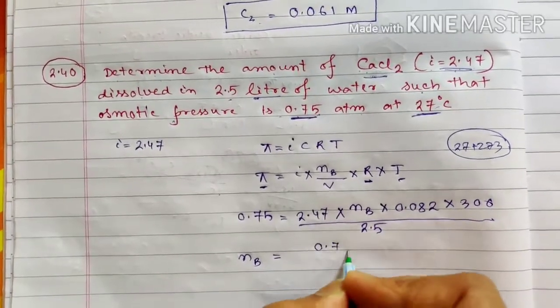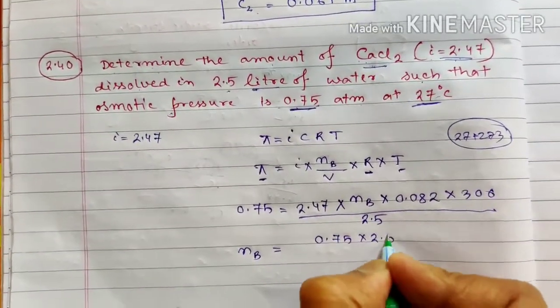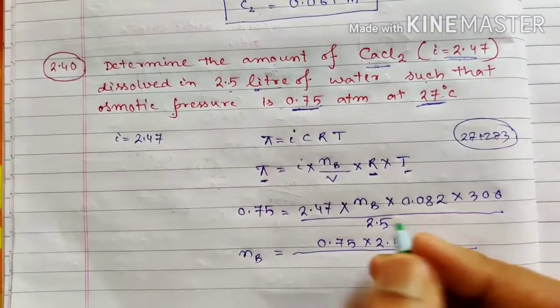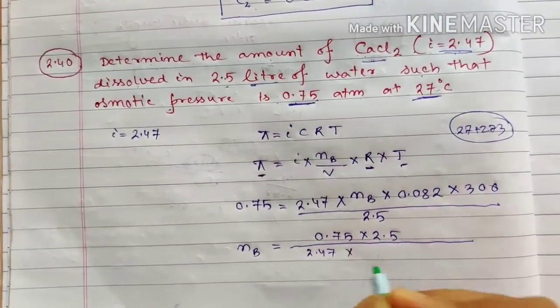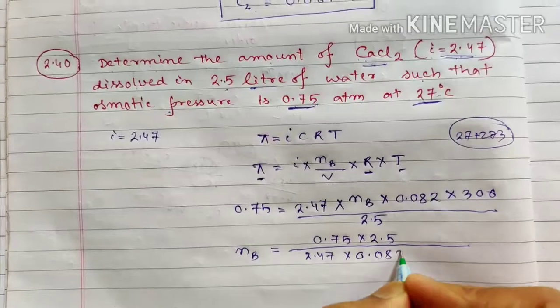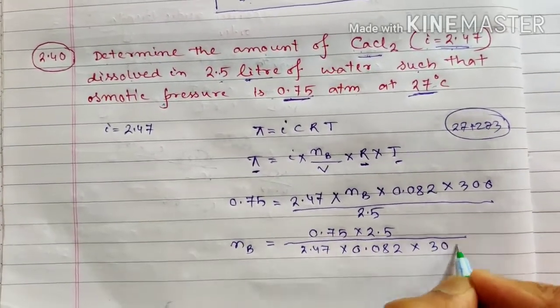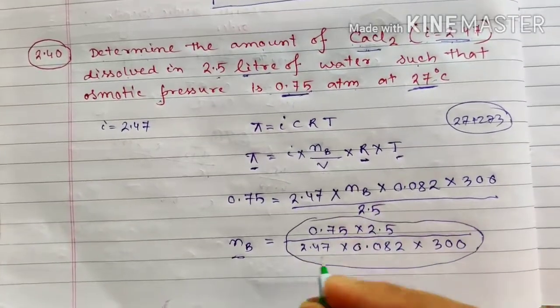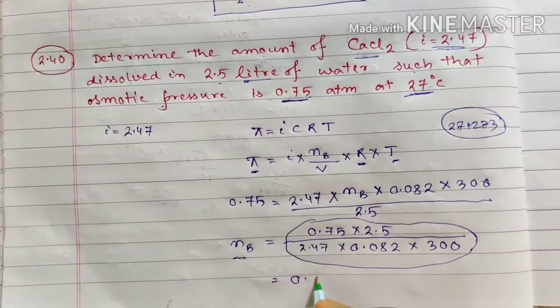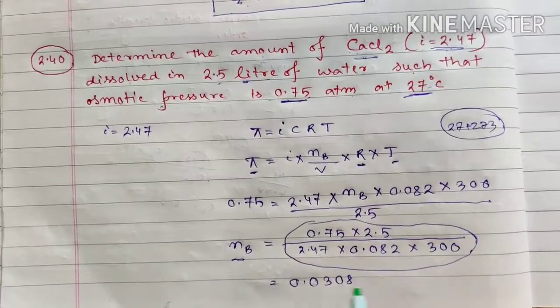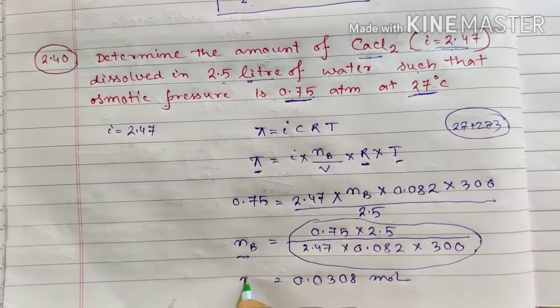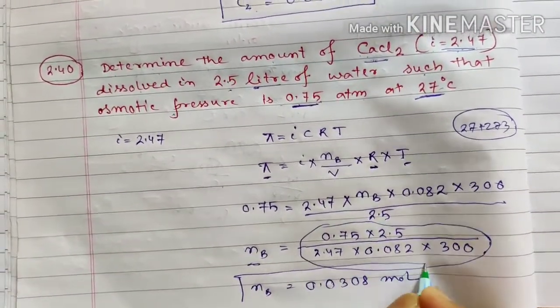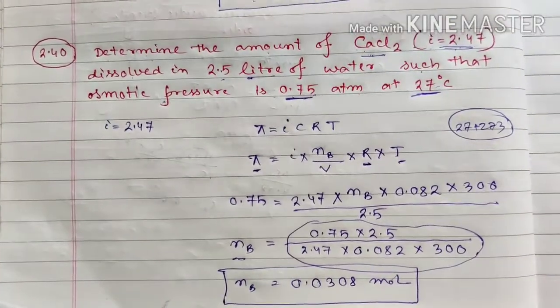It should be 0.75 into 2.5 divided by all this, that is 2.47 into 0.082 into 300. Calculate this total portion separately. You will be getting 0.0308 mole. So that is how it is to be done.